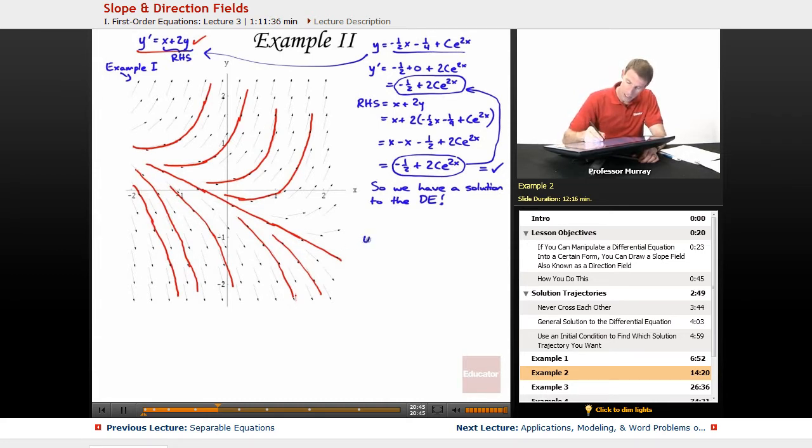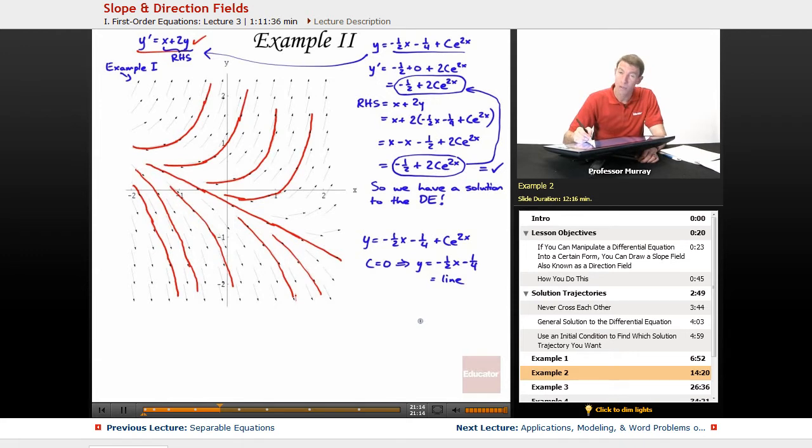So let me write the general solution to the differential equation one more time. Y equals negative 1/2 x minus 1/4 plus c e to the 2x. Now, let me plug in some different values of c here. If I plug in c equals 0, then I just get y is equal to negative 1/2 x minus 1/4. That's a line. It's in y equals mx plus b form.